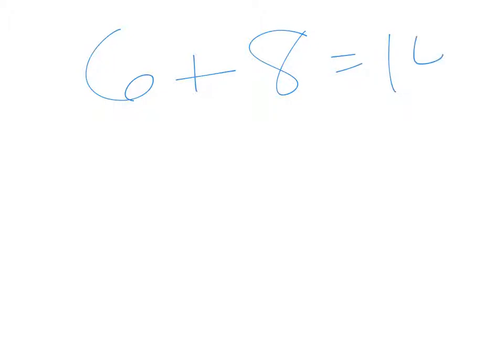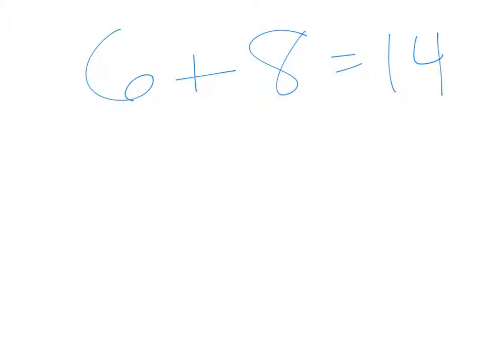When you're adding two integers that have the exact same sign, those are pretty easy. If I'm adding 6 plus 8, those are both positive integers. I don't have to write the plus sign in front of it, but we know 6 plus 8 is 14.